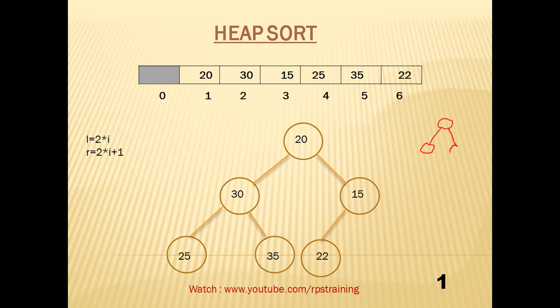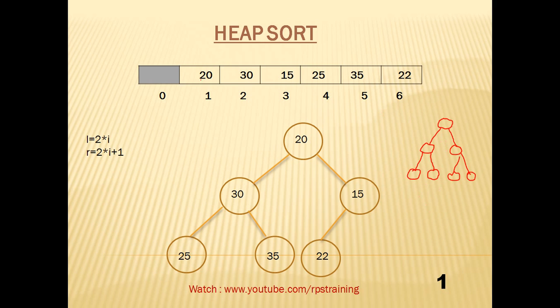The next node will be the right child of this node. Again, the fourth node will be the left child of this node. All nodes will be inserted from left to right in each level. Then the tree will be considered a complete binary tree.